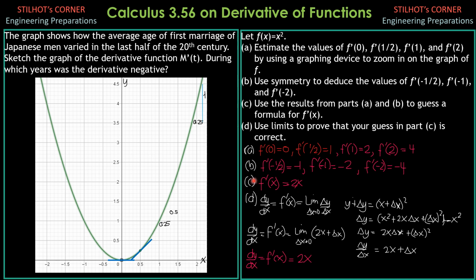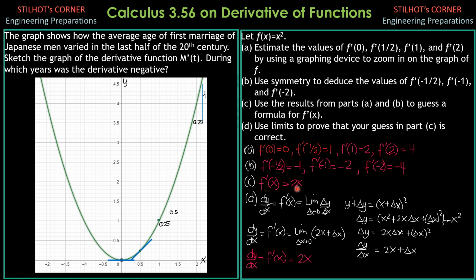At x is 1/2, the slope is 1. At x is 1, the slope is 2, which is times 2. So 2 times 1/2 is 1, 2 times 1 is 2, and 2 times 2 is 4. So that's why the guess is f prime of x is 2x.